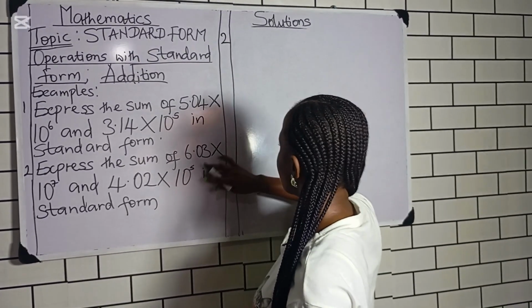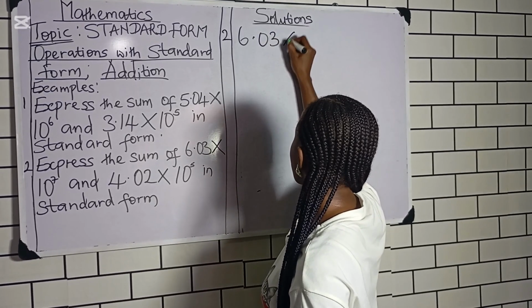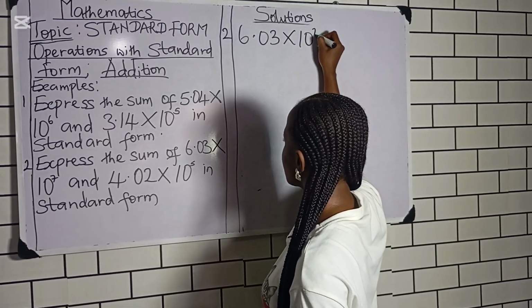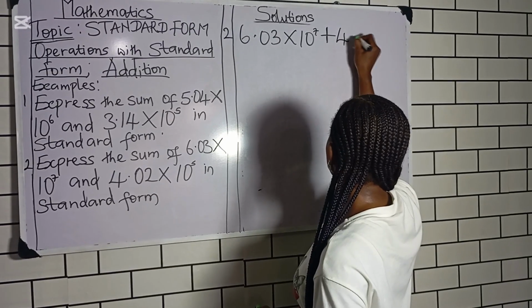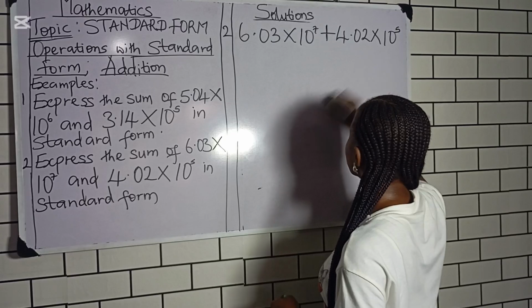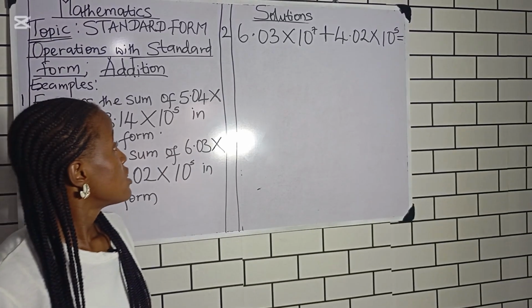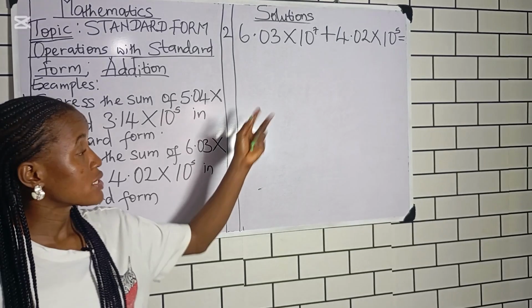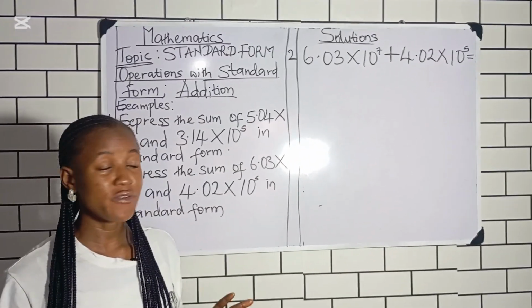Number 2, we are given 6.03 times 10 raised to power 7 plus 4.02 times 10 raised to power 5 equals to. Now, remember what I told you, once you are given something like this, you first of all factor out the least power of 10.